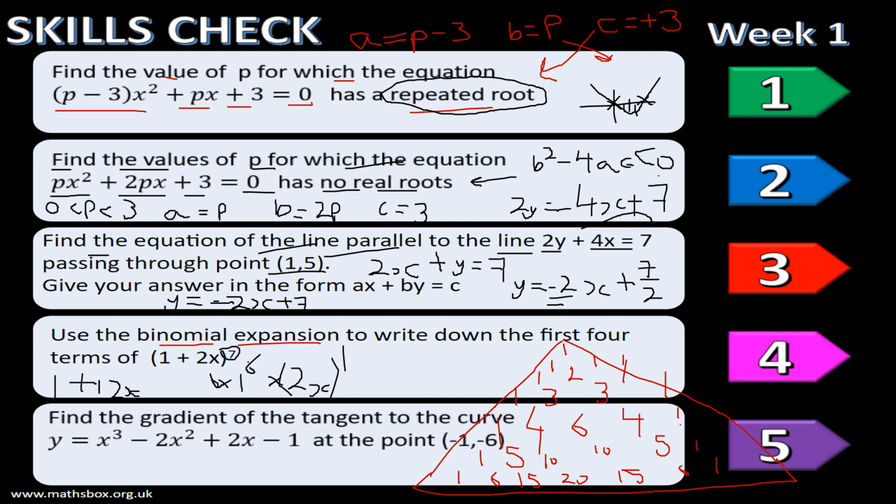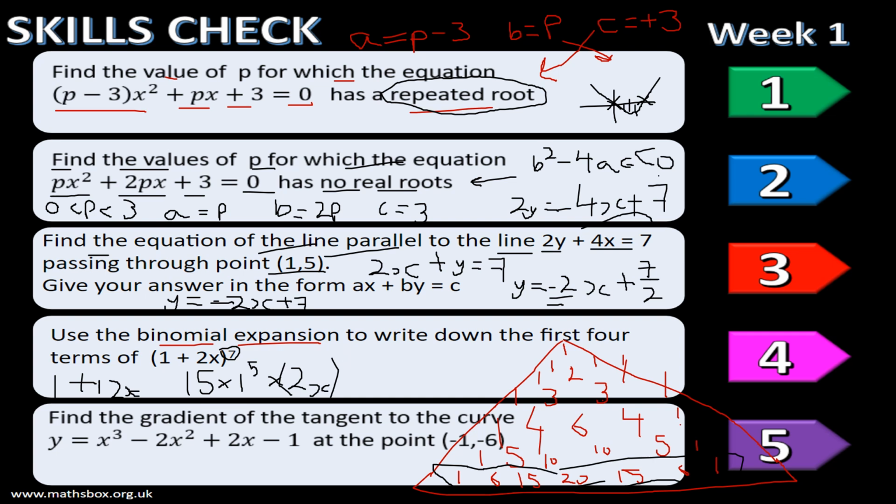And then my third term is going to be the third number here, which is 15. Looking at this row, we're going to have 15 times 1 to the power of 5, times 2x all squared.